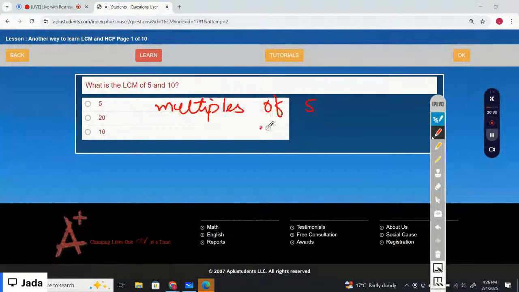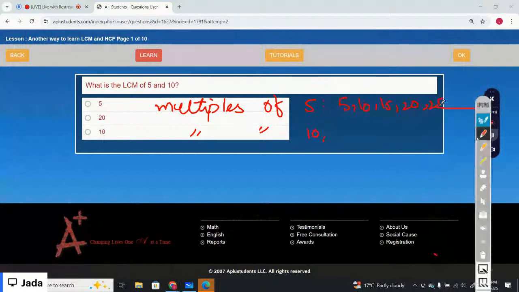The multiples of 5 are 5, 10, 15, 20, 25, and 30. Now write down the multiples of 10: 10, 20, 30. So the least common multiple for both the numbers is 10. So the LCM is 10.